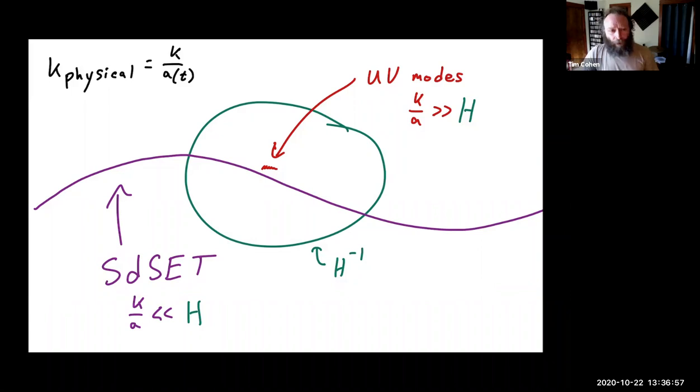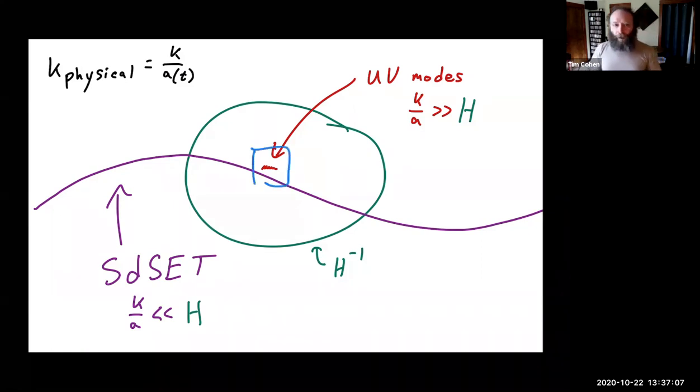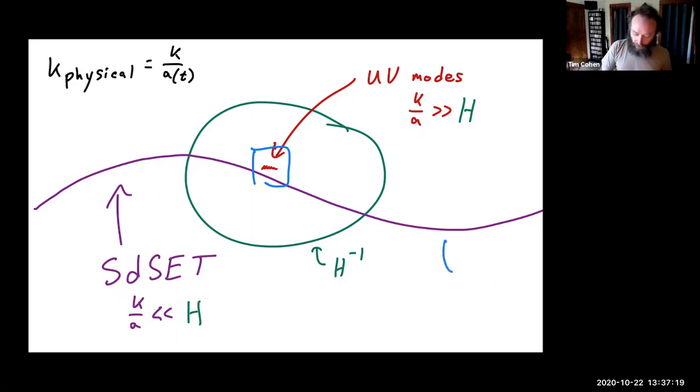We all learned this cartoon in kindergarten about modes being produced during inflation. Those would be these UV modes here. And then they get stretched out by the exponential expansion of a near de Sitter background during inflation, a quasi de Sitter background. Those modes get stretched beyond the horizon. Those are the modes that we're going to be able to describe in this effective field theory.